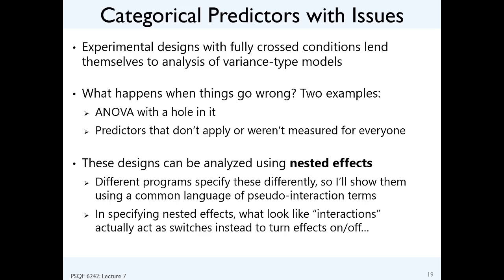And I want to show you briefly the logic by which these designs can be analyzed using nested effects. All programs are capable of fitting nested effects, but the logic and the syntax by which they do so differs. So I have a common language that I'm going to use that should work across programs that uses pseudo-interaction terms, meaning they look like interaction terms, but given the rest of the model, they're not actually interpreted that way.